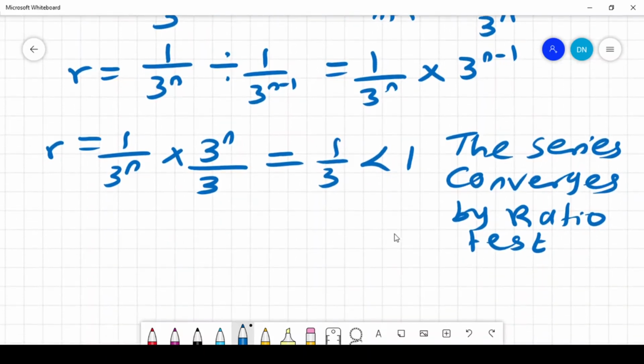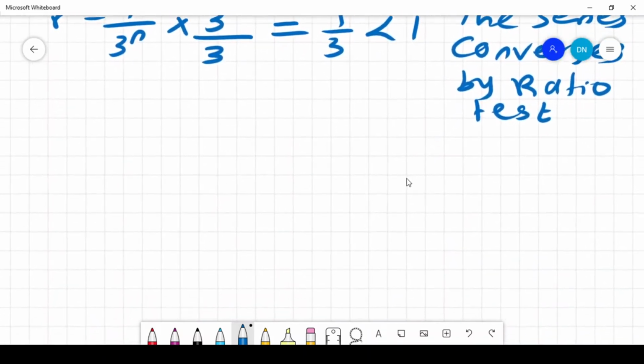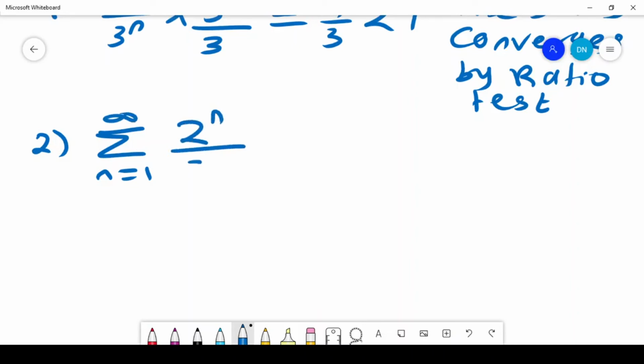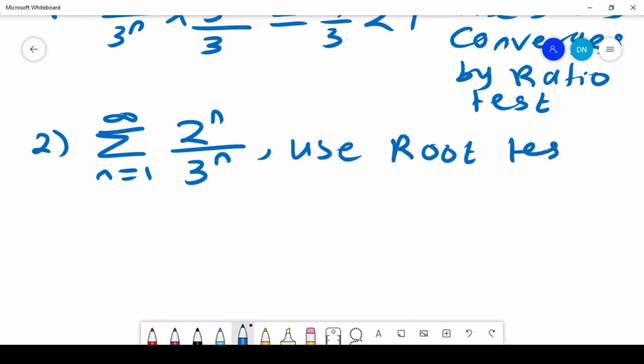The second thing is we want to look at our second equation, which is given by the summation from n equals 1 to infinity of (2n) raised to power 3n. We want to use another test called the root test. How does it work? Basically, the idea is the same.